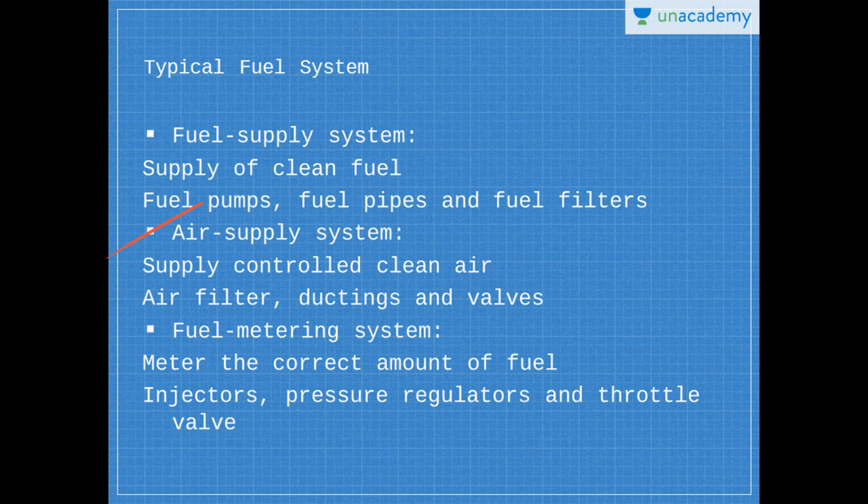The air supply system gets its name because of the supply of controlled clean air. Its apparatus include air filter, ductings, and valves. The fuel metering system gets its name because of the metering of the correct amount of fuel. The apparatus used are injectors, pressure regulators, and throttle valves.